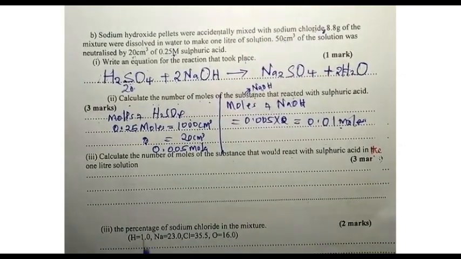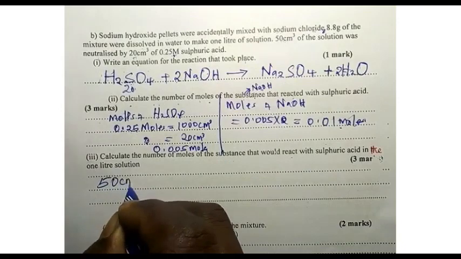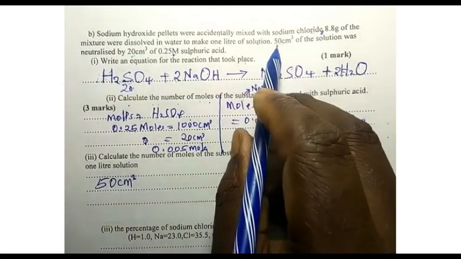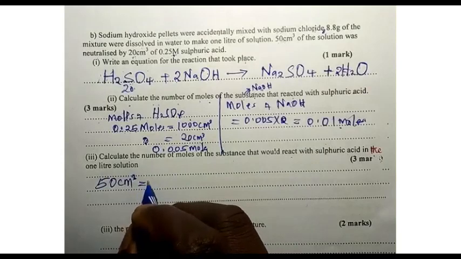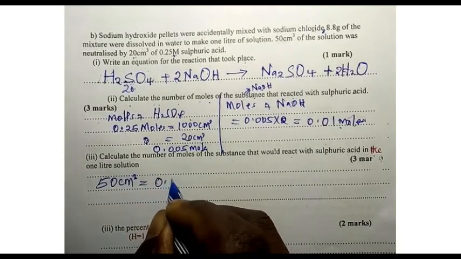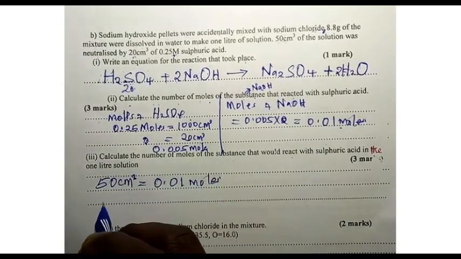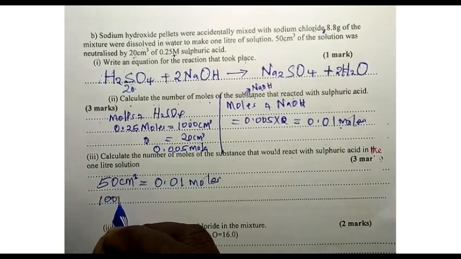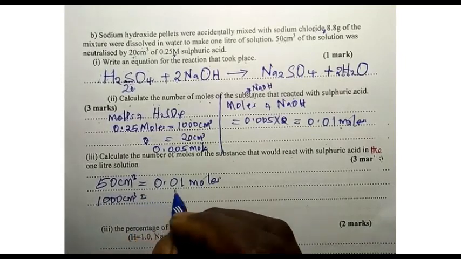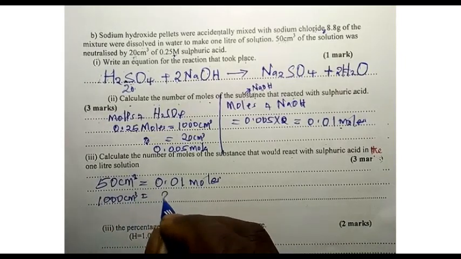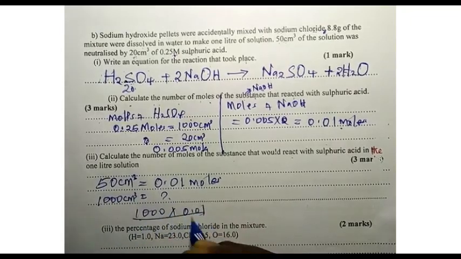So we will ask that 50 cm³ we got of the mixture contains 0.01 moles. We will simply ask 1,000 cm³ of that mixture, or that sodium hydroxide, would contain how many moles? 1,000 times 0.01 divided by 50.